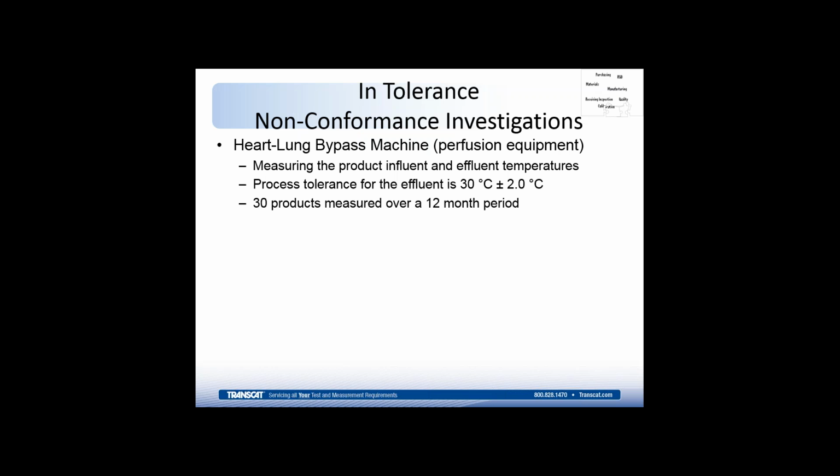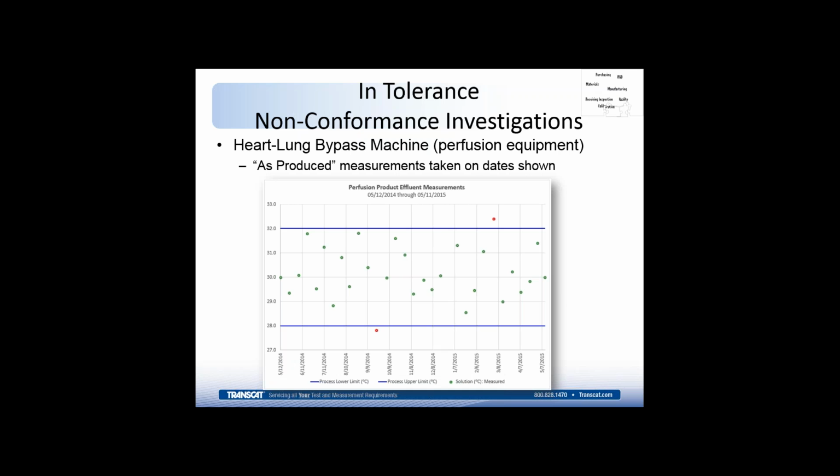30 products manufactured over a period of 12 months, 30 of these heart-lung bypass machines in a 12-month period, and we plot their results here on the temperature values. So as you can see on the left end of the chart, we had the first measurement on the product, which happened to be right at 30 degrees Celsius. You can see the other values here.